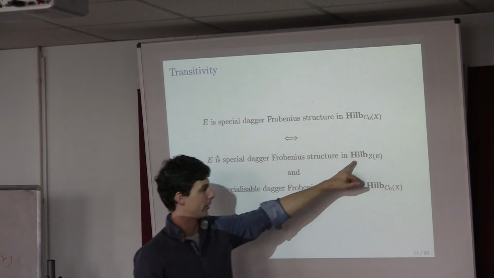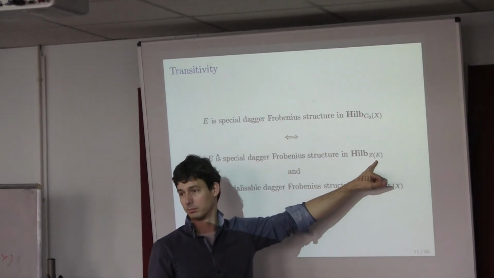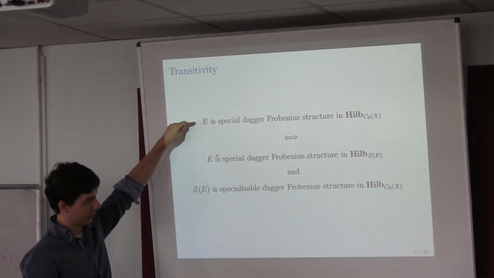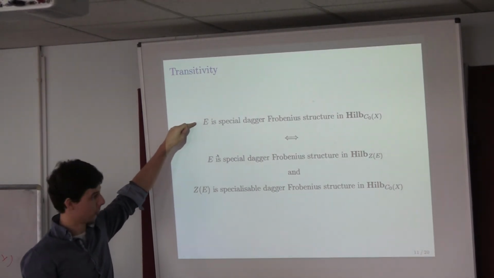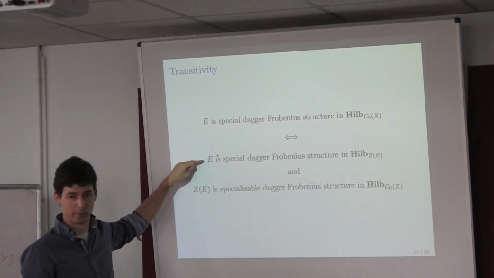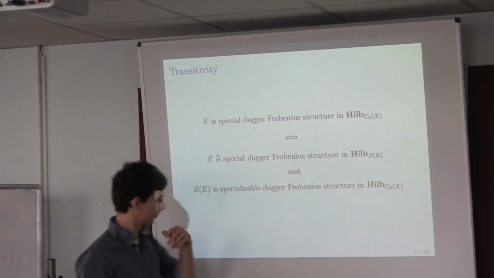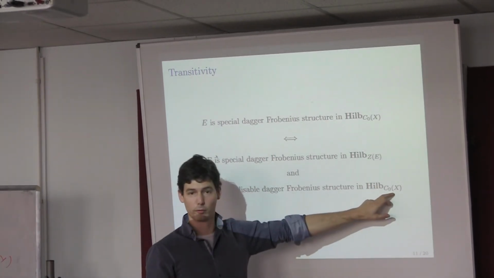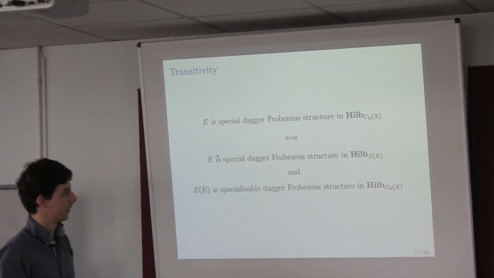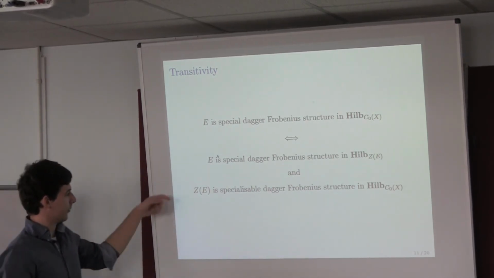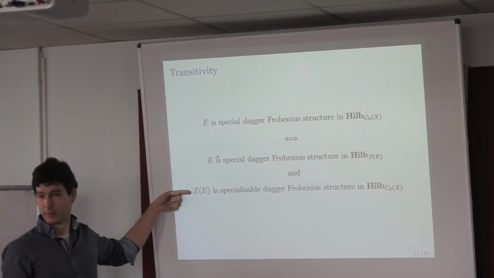So it makes sense to talk about Hilbert modules over that center. Now it turns out that if I look at the Frobenius structure as a Hilbert X module, it's also automatically a Hilbert module over the center, and the center is a Hilbert module over X. And this goes two ways. The center is always commutative, that's how it's defined.